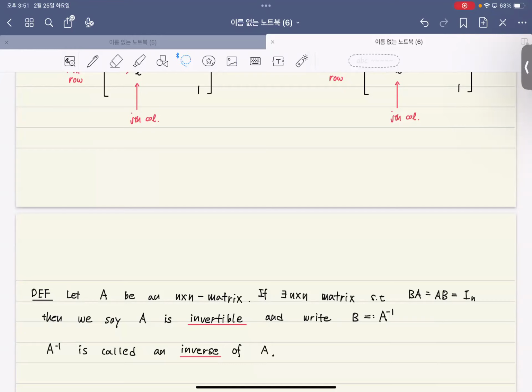This is exactly the same as the inverse of multiplication of numbers. In the number system, the multiplicative inverse of any number is usually denoted by the number to the -1. The same convention is true for matrices. Also, there is a very interesting question. In the number system, not every number has a multiplicative inverse. Precisely speaking, 0 doesn't have any multiplicative inverse.